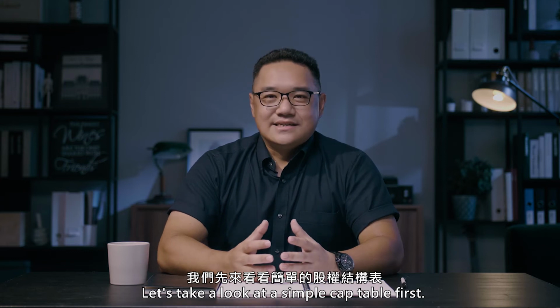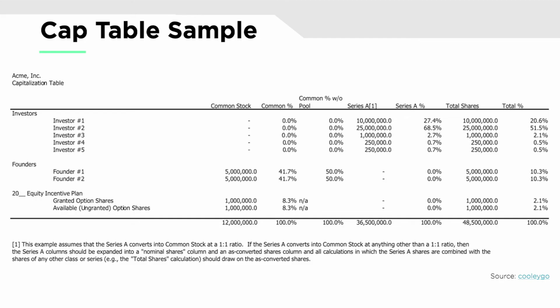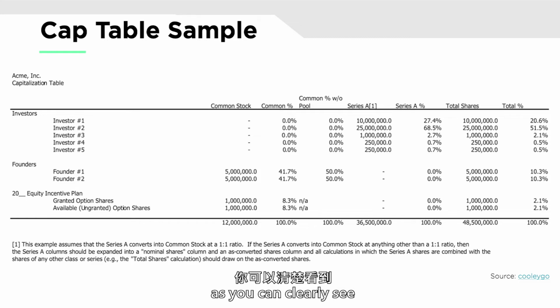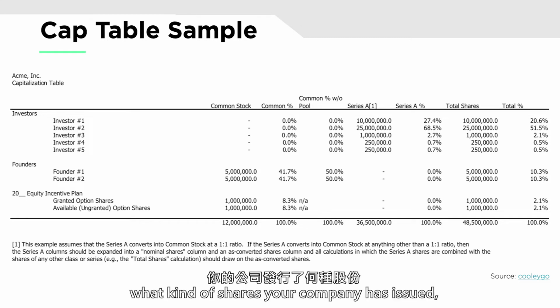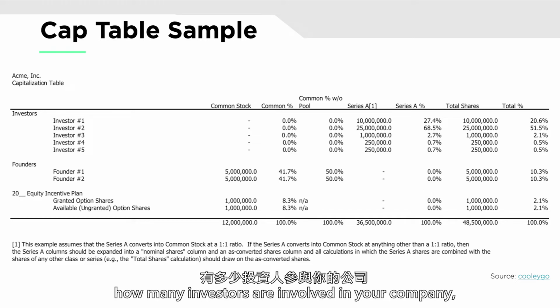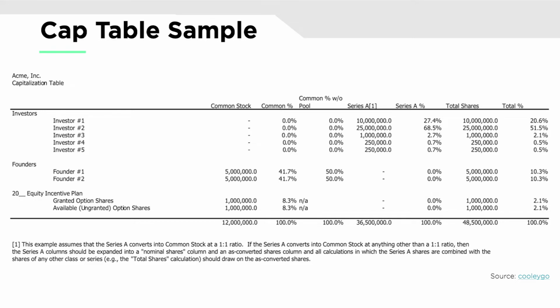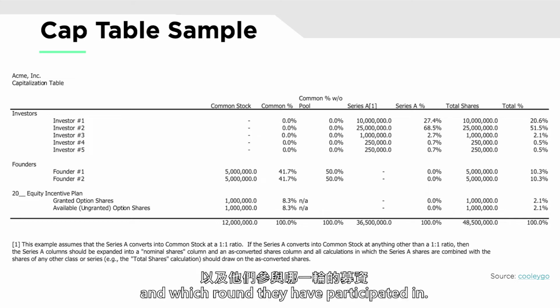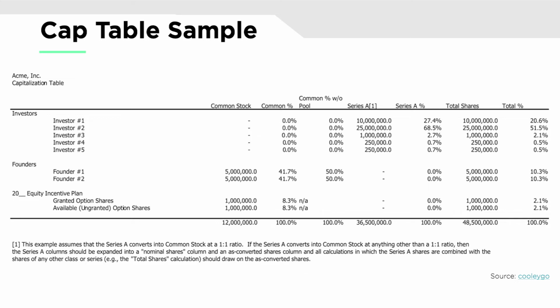Let's take a look at a simple cap table first. This is how a good cap table looks. You can clearly see what kind of shares your company has issued, how many investors are involved in your company, how much equity each of them owns, and which round they have participated in.